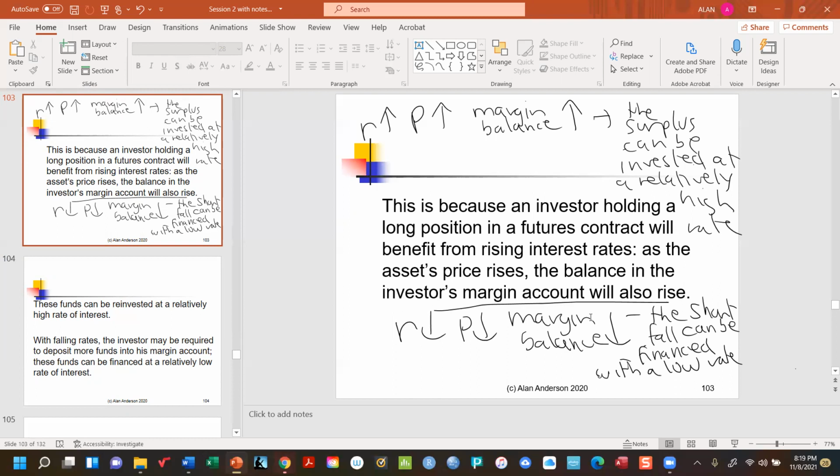So therefore, for a futures contract written on an asset with a positive correlation with interest rates, having a futures contract would actually put you in a better position than a forward contract.